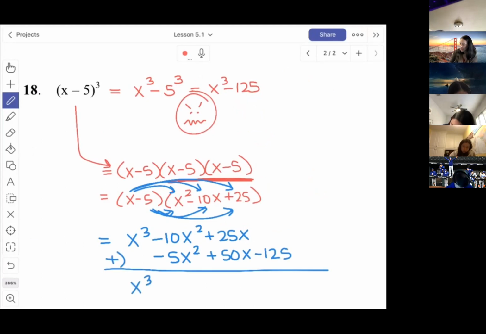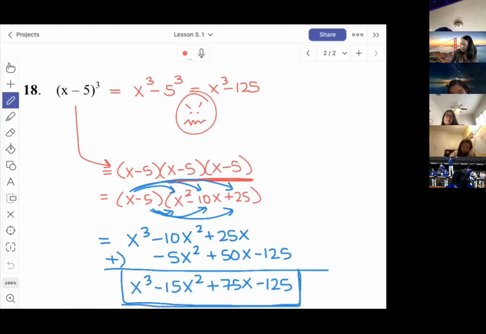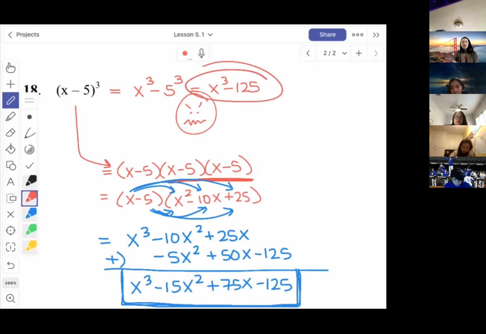Combine that up and we get x to the third minus 15x squared plus 75x minus 125. And that is my final answer, which is so different compared to that one up there. Okay, don't do that.